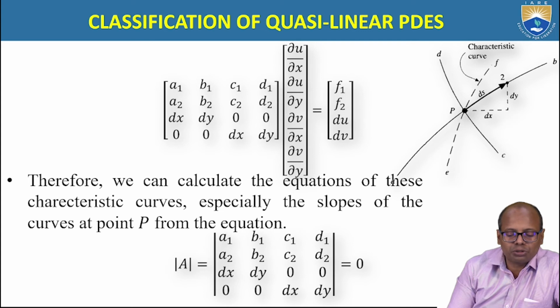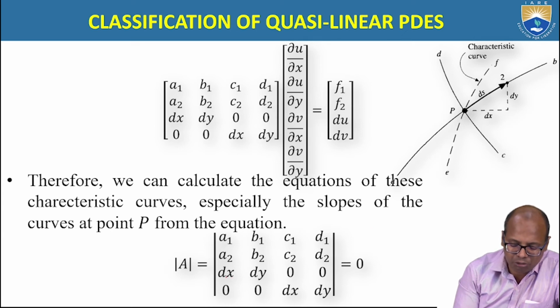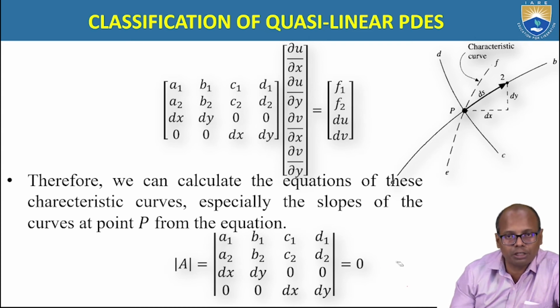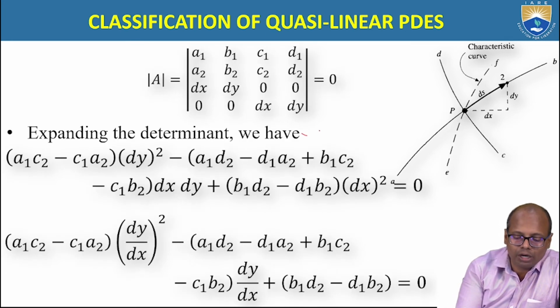Now I have to find out the slope of this equation. How to find it? I want to find dx/dy or dy/dx. This value I have to find out. So how to find this value? By expanding this determinant. If I expand the determinant, I will get this equation.